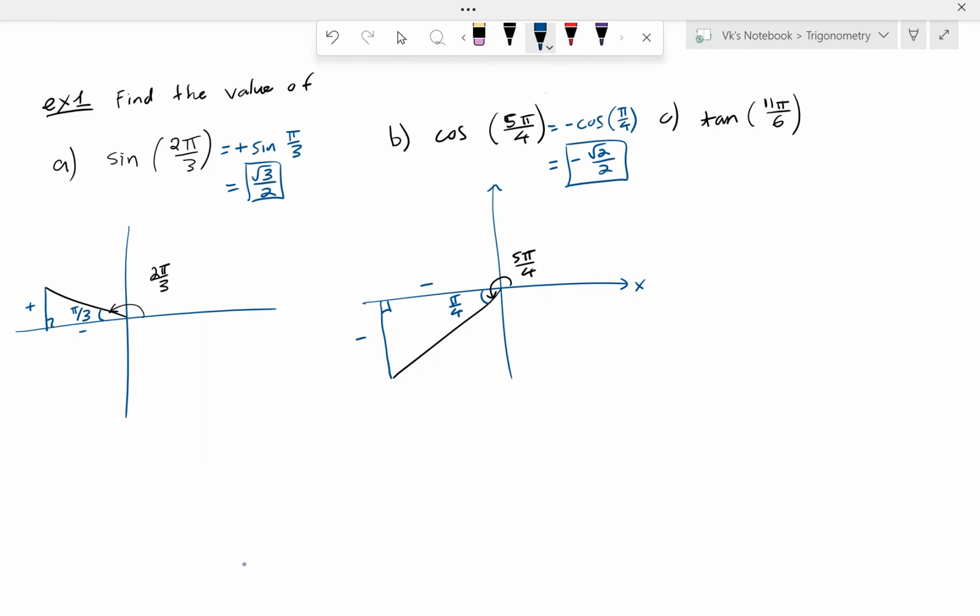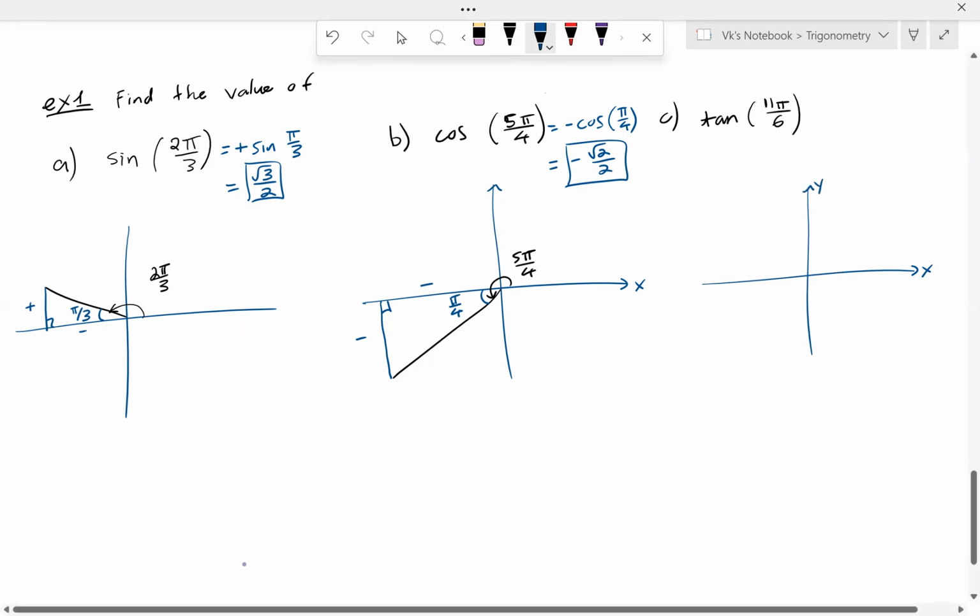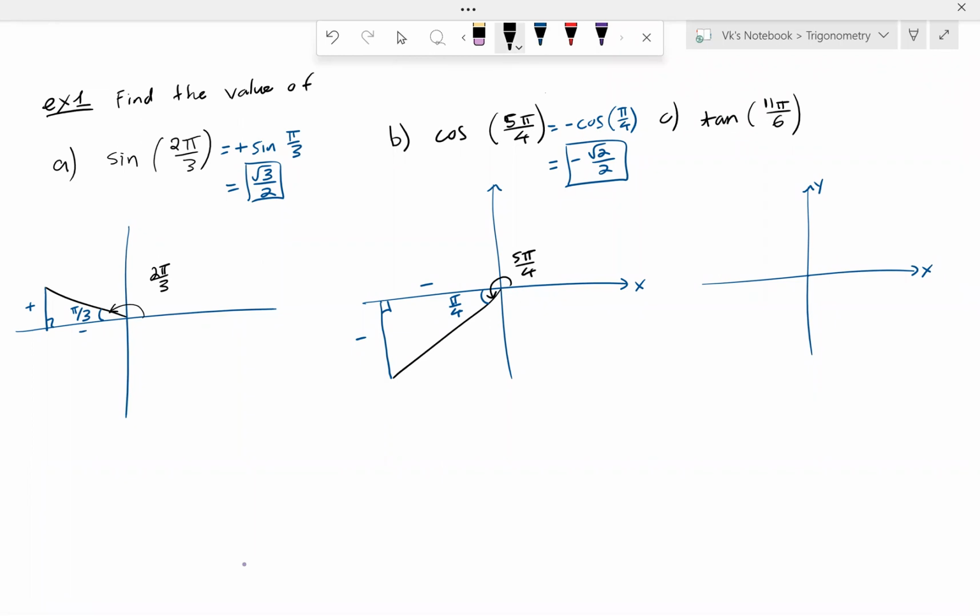Tangent of 11 pi over 6. 11 pi over 6 is close to 2 pi. It's in the fourth quadrant. This is 11 pi over 6. The corresponding right triangle is this one.